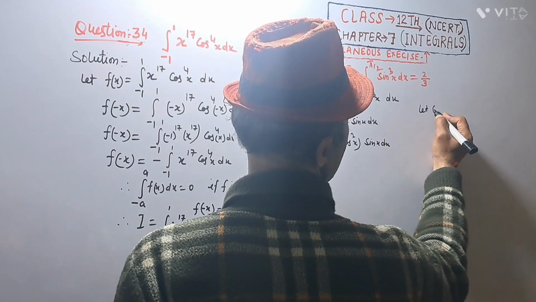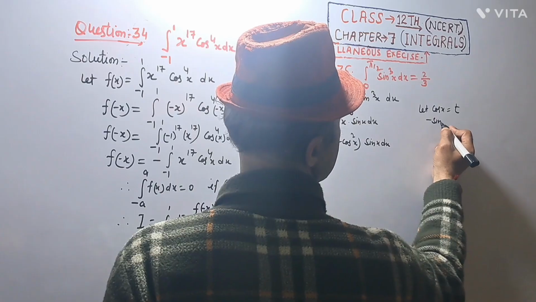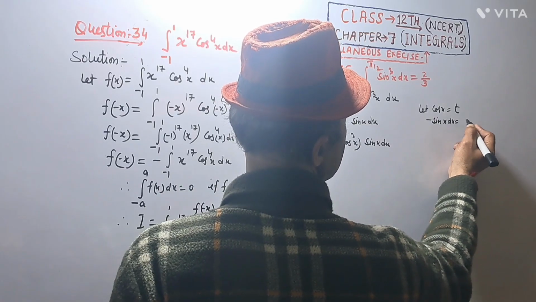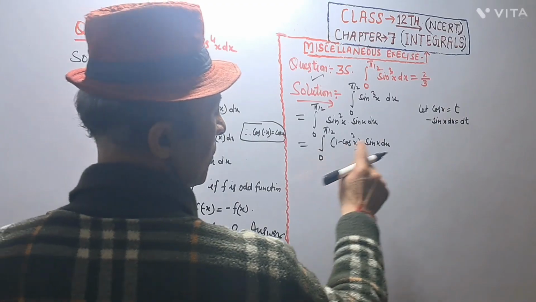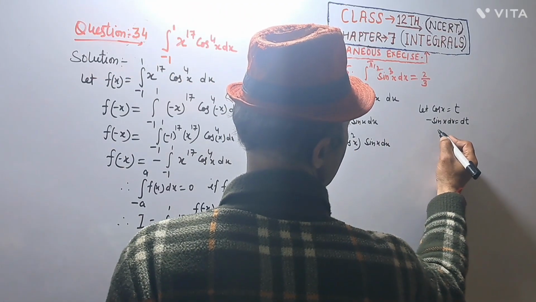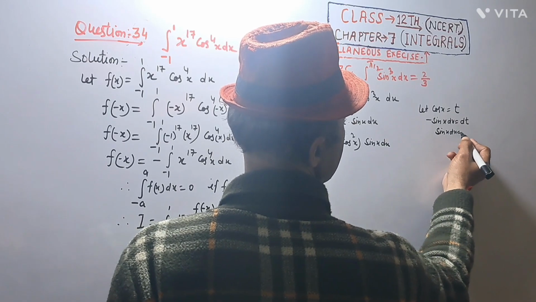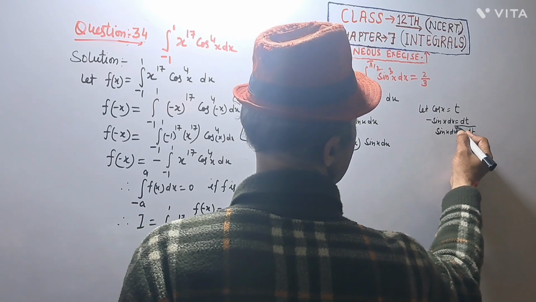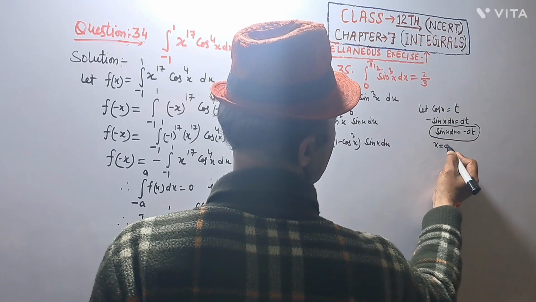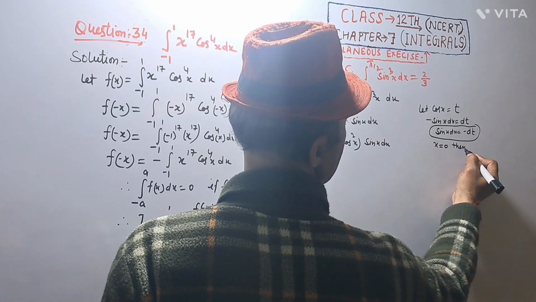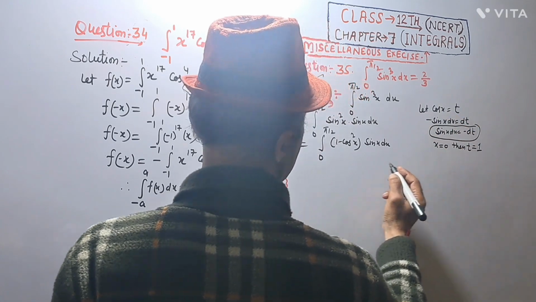Let cos x is equal to t, then minus sin x dx is equal to dt, so sin x dx is equal to minus dt. When x is equal to 0, then t is equal to cos 0, which is 1.